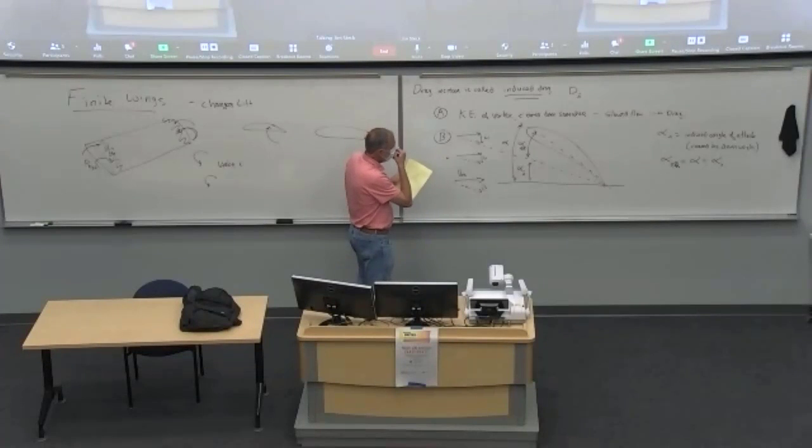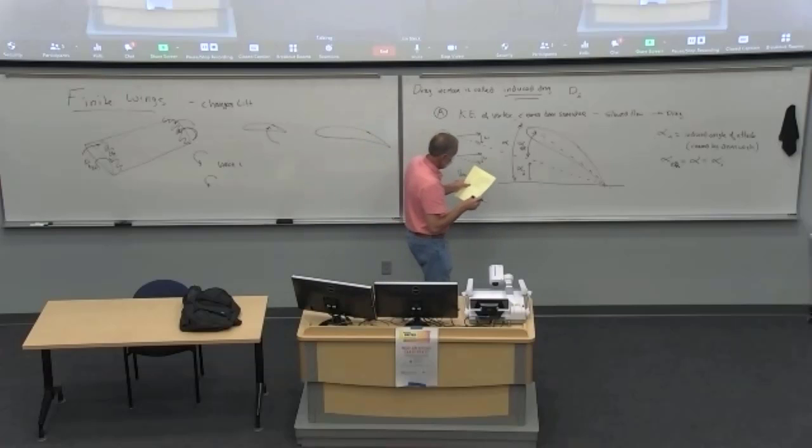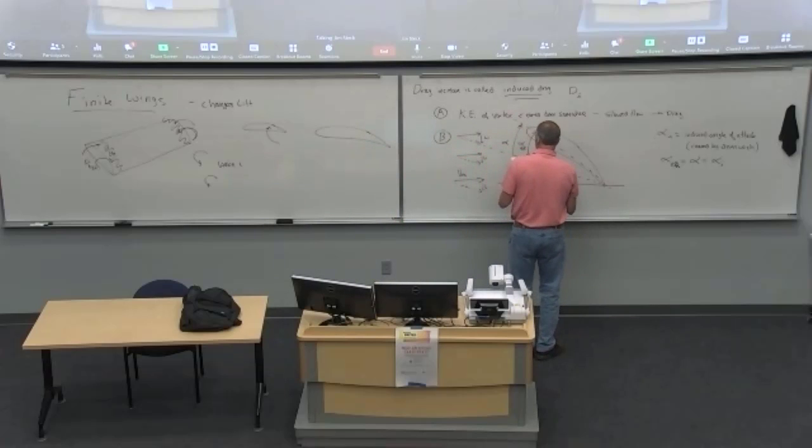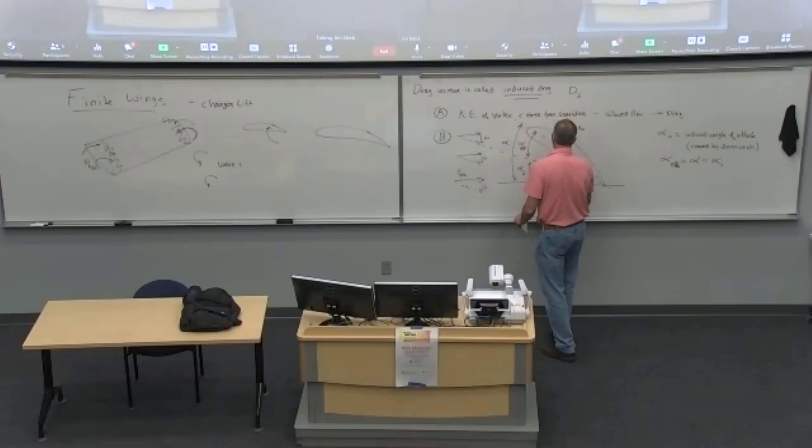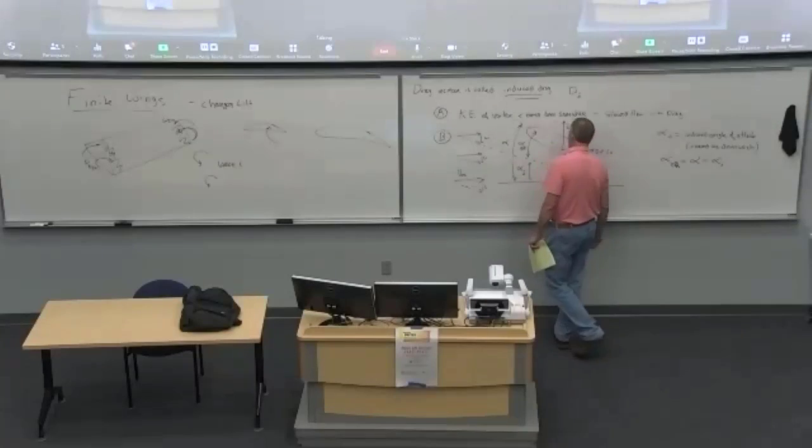Next, let's draw the lift and drag vectors on this airfoil. So the lift with no downwash is perpendicular to the V infinity. I'll write it on this side. So that's no downwash, and the drag is back this way, parallel to the V infinity.